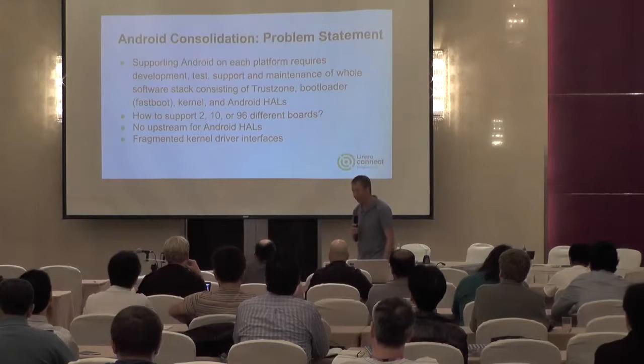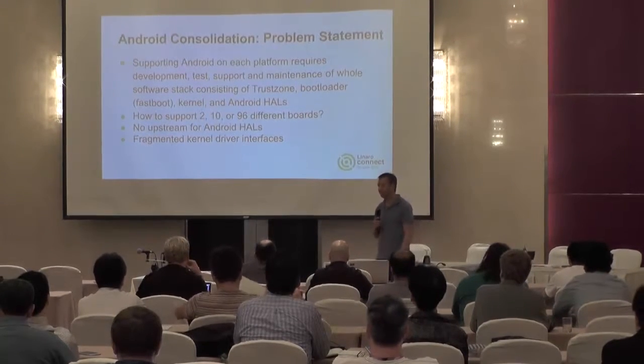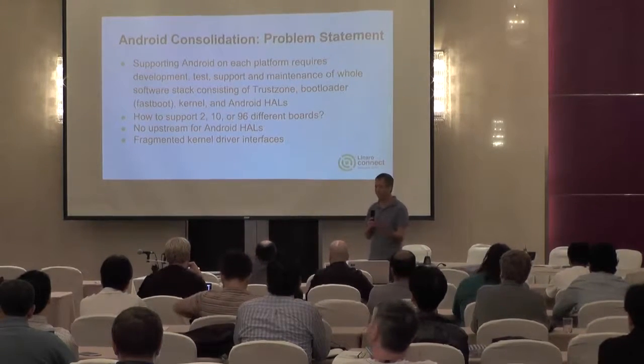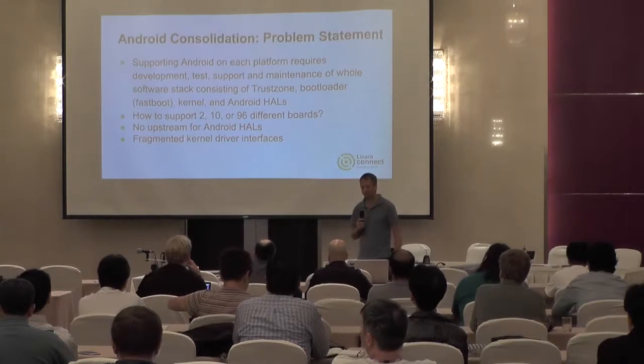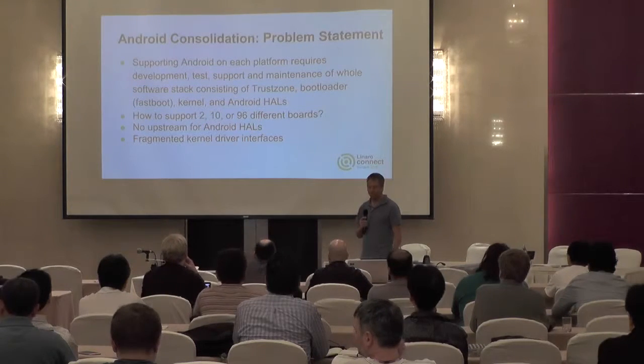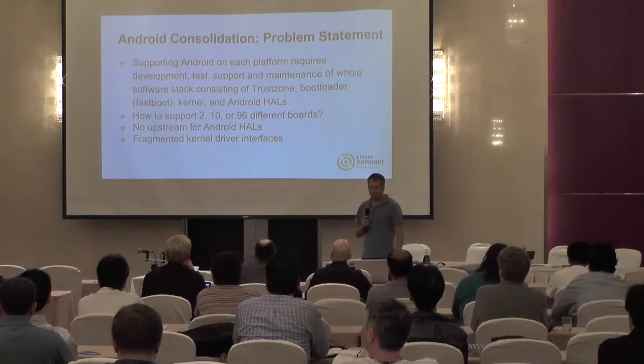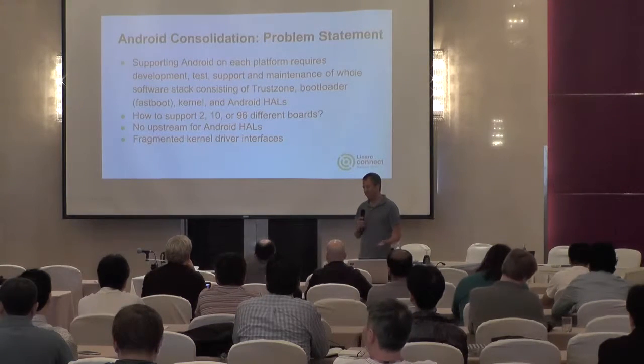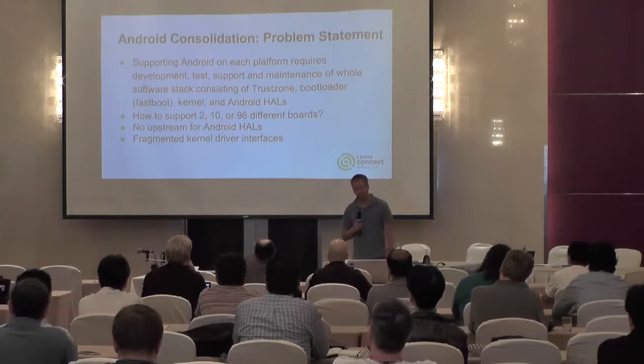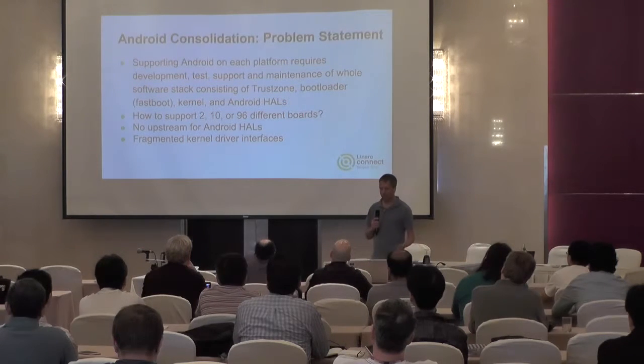So from the Android HAL consolidation perspective, what's the problem and what are our goals? One of the big issues is how to scale board support, from what you would do for 2 boards versus all the way up to 96 boards.